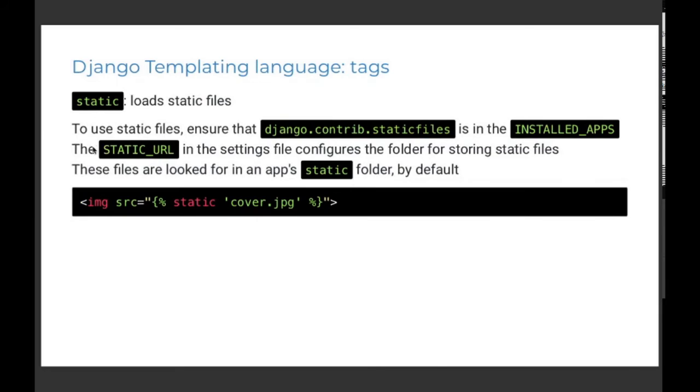To use static files, you have to make sure that your settings are properly configured so that django.contrib.staticfiles is in installed apps in your settings file, and then the static URL is set in settings.py. So when we load something like static cover.jpg, it will look for cover.jpg in that static folder in your app.